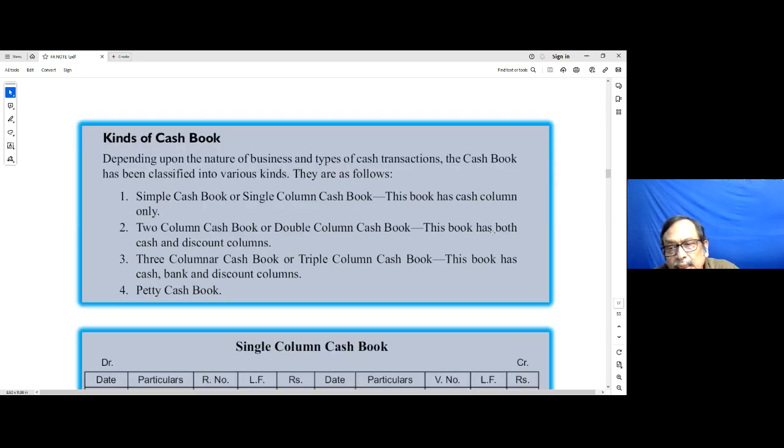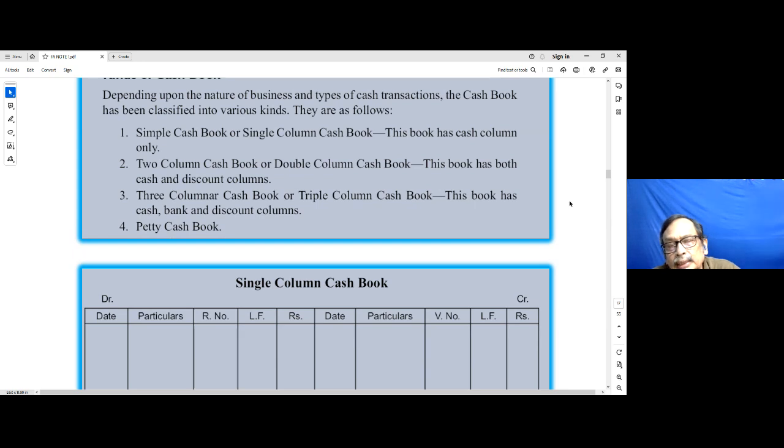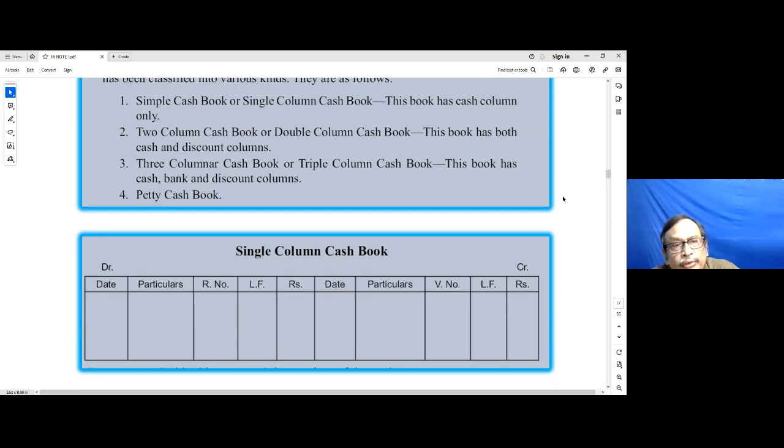Now first, let us consider cash book. Depending upon the kinds of cash book, there is a simple cash book or single column cash book. This book has cash column only. Then two column cash book or double column cash book. This book has both cash and discount columns. Then three columnar cash book or triple column cash book. This book has cash, bank, and discount columns.